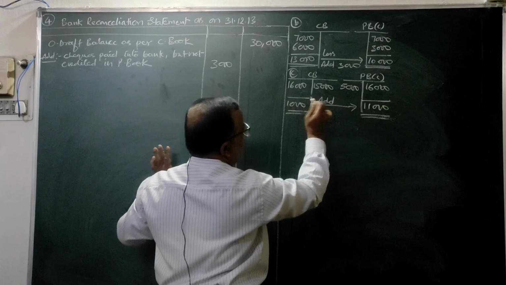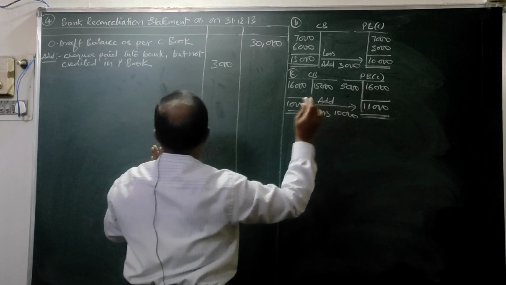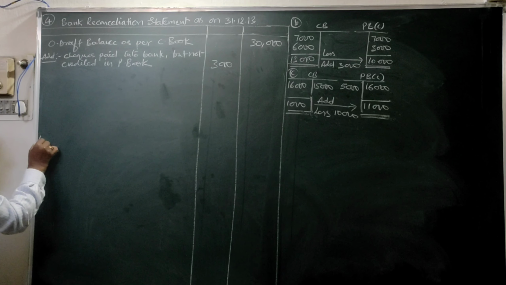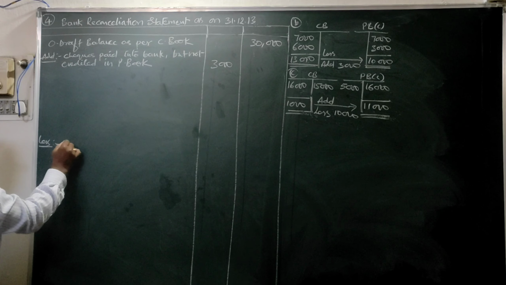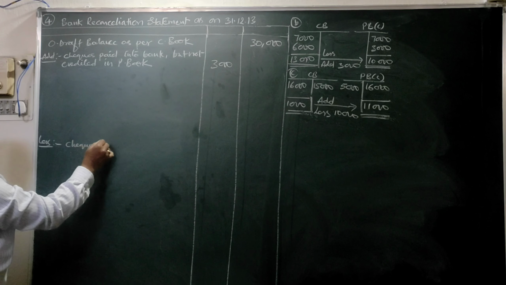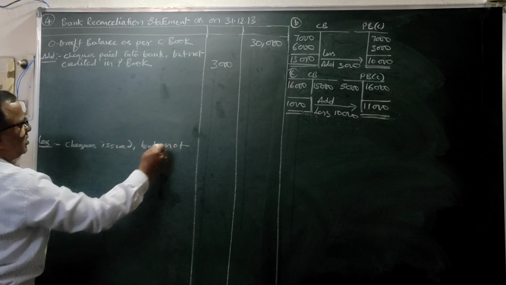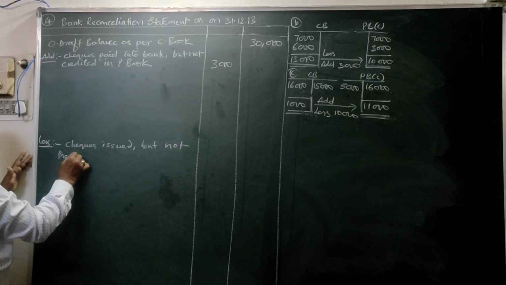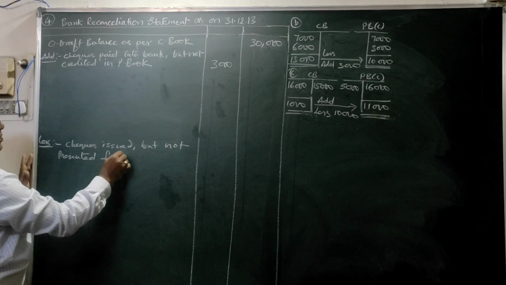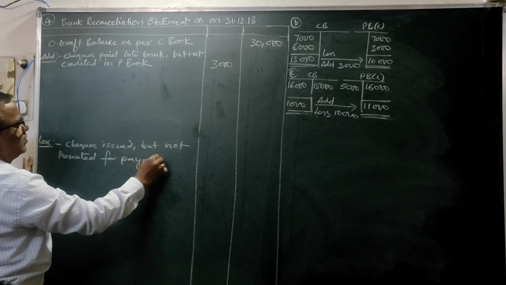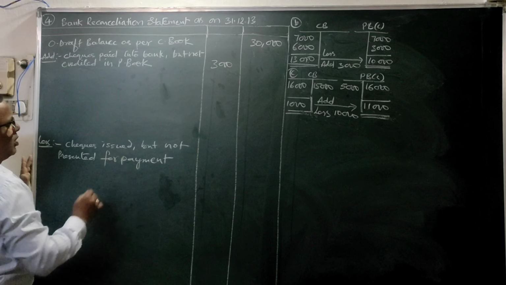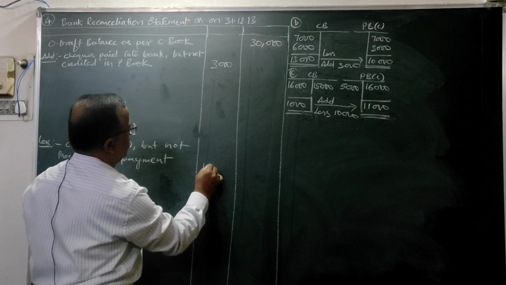How much difference between these two? 10,000. So below less we are going to write: checks issued but not presented for payment, 10,000.